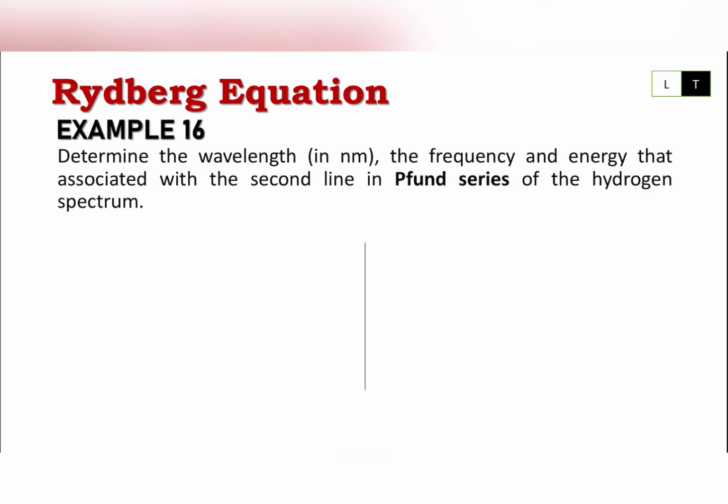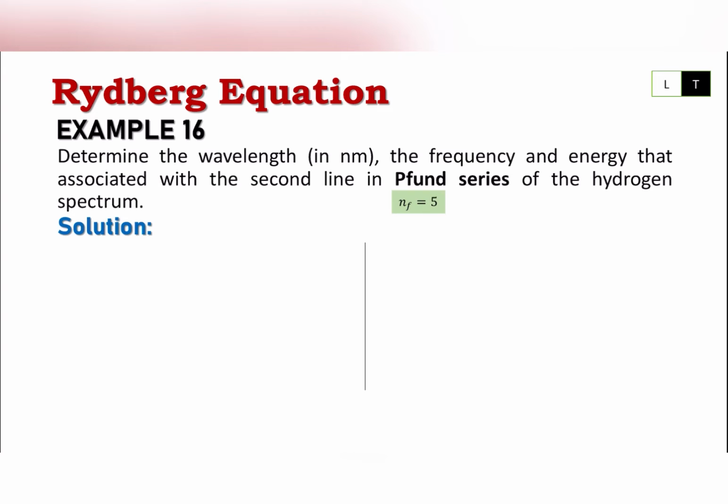I have example 16. I want you to determine the wavelength in nanometer. This is a very specific unit. Also the frequency and energy associated with the second line in the Pfund series. First thing first, take out the information: for the Pfund series, the ground state will always be N equals 5.